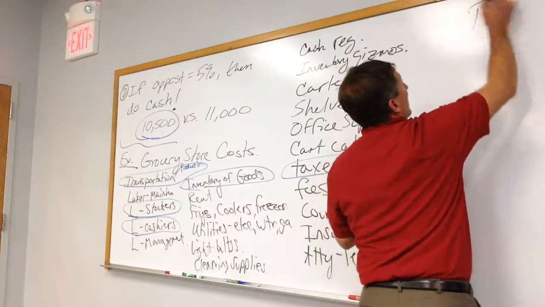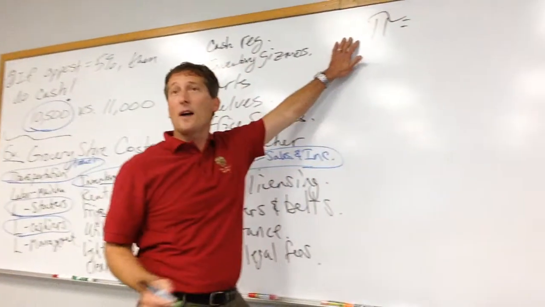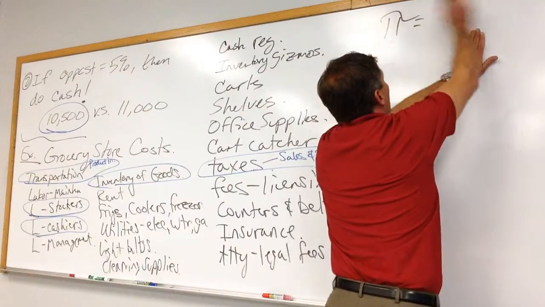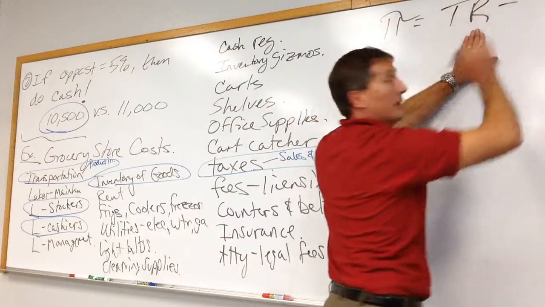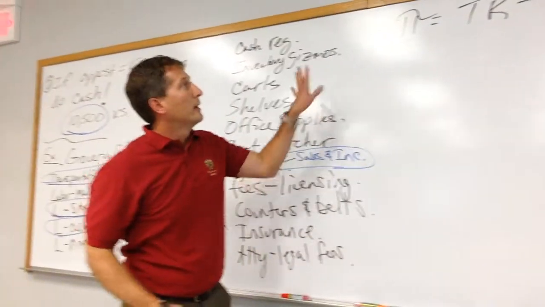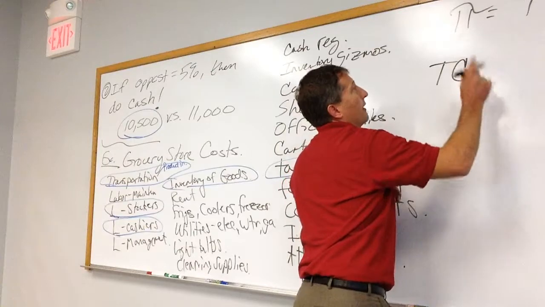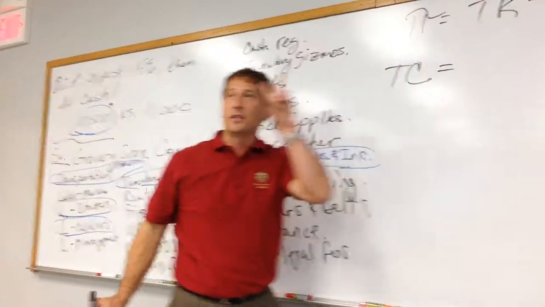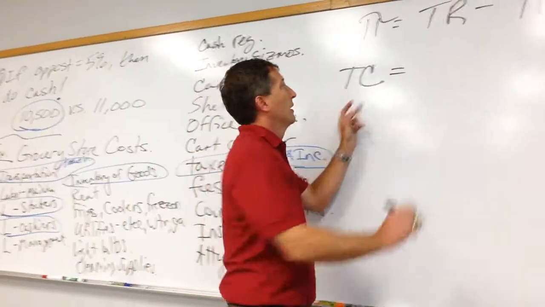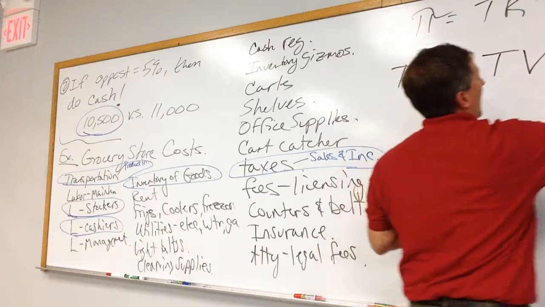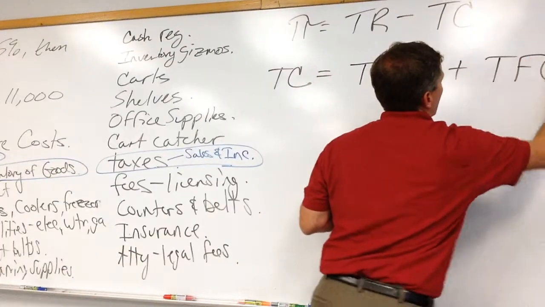So, putting this back into perspective, profits are equal to total revenue minus total cost. All right. Now what we're going to say is this total cost right here can be broken down into two parts also. Total variable cost and total fixed cost.